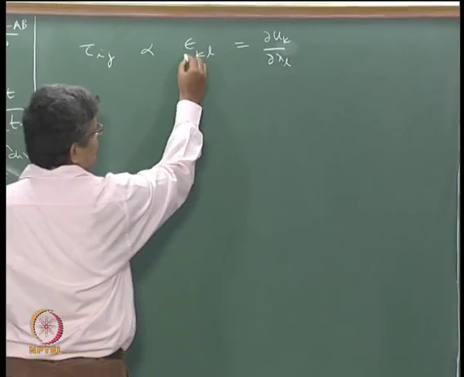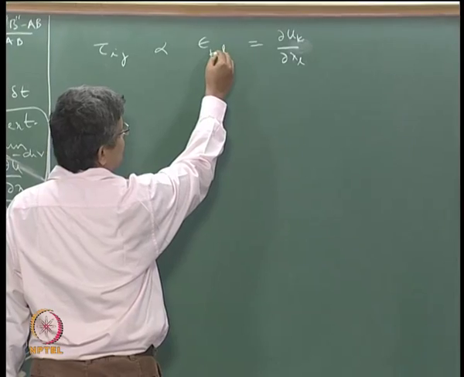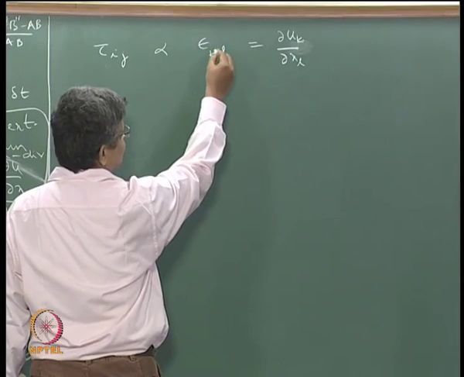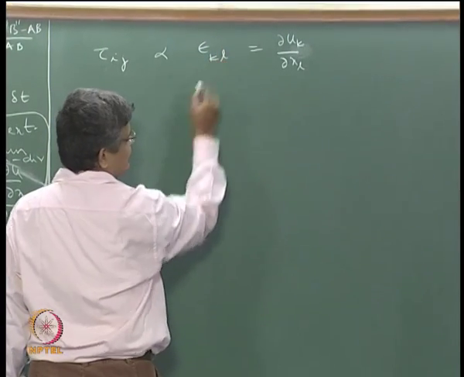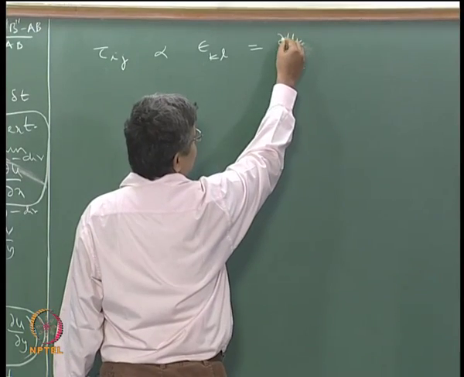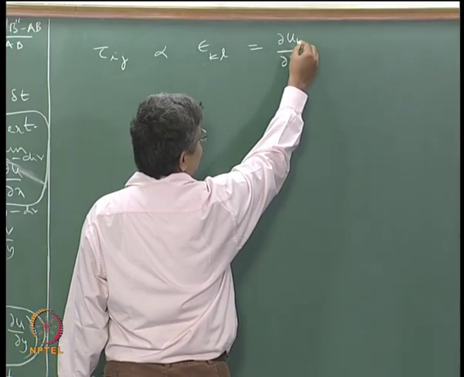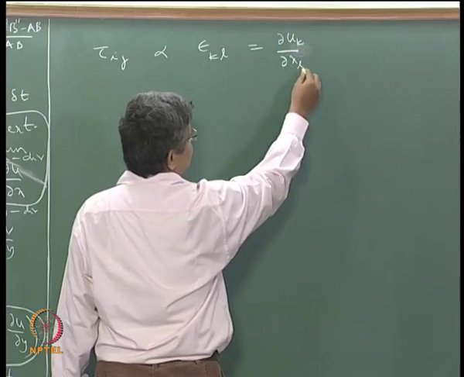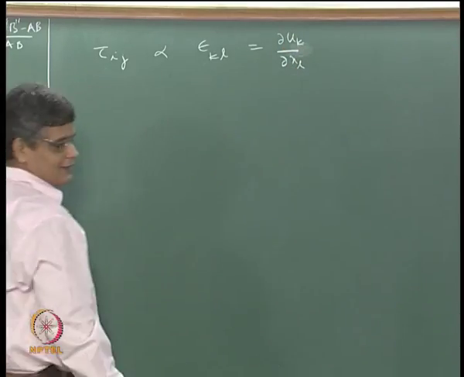So the particular component of the strain rate tensor with index kl is given by uk component of the velocity and xl component of the direction.